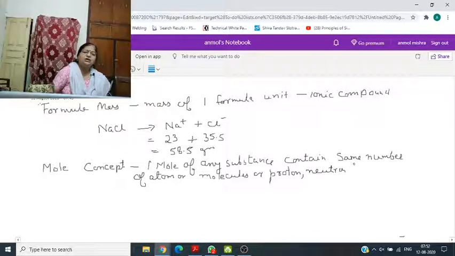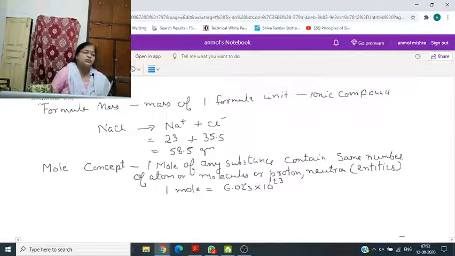Collectively we can call them entities, and 1 mole is equal to 6.023 into 10 to the power 23.